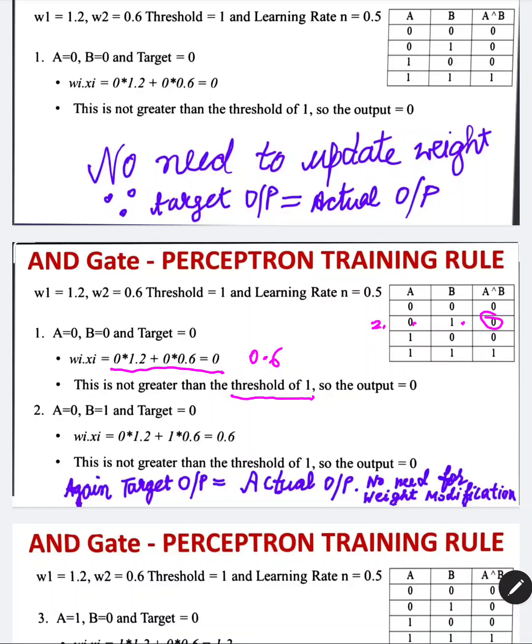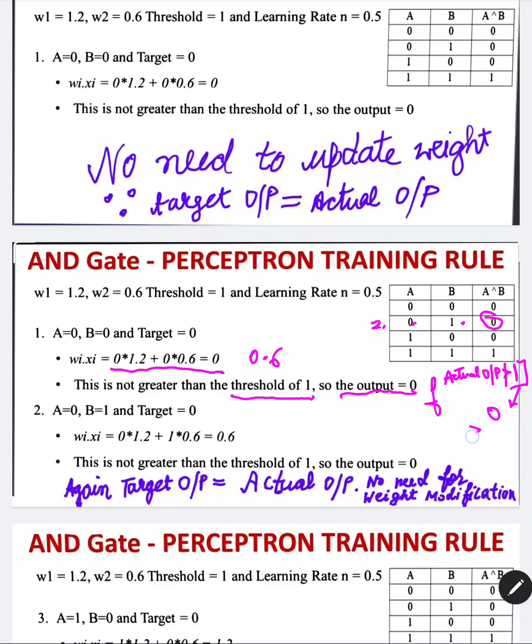If the actual output is not greater than 1, then it is 0.